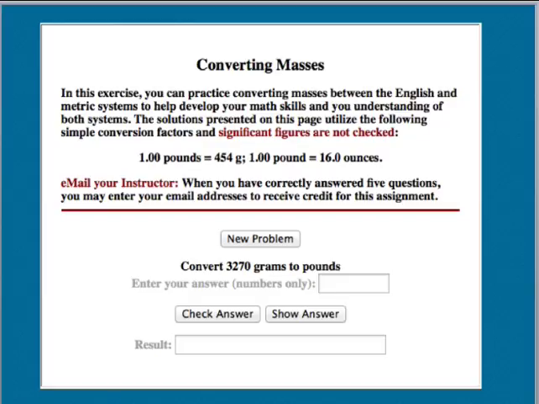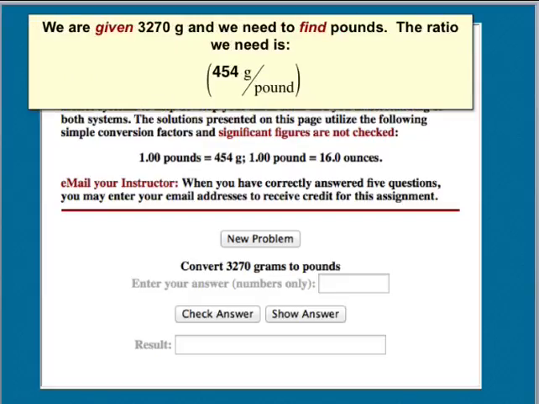Well, our given is clearly going to be our 3,000 grams here. Our ratio is going to be grams to pound. That's this guy. Our ratio grams to pound. This is our given. Simply multiply it.